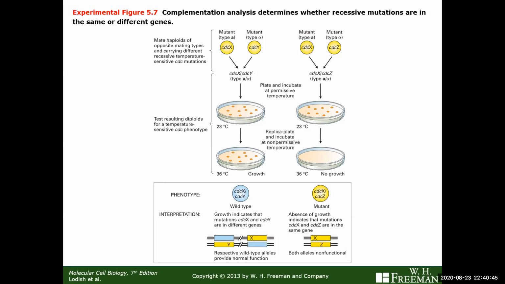So in the diploid, there is one defective X gene coming from CDCX, but CDCY will supply the good X gene, good allele of X. Similarly, in the diploid, CDCY will supply the defective allele of Y gene, but CDCX will supply the good allele of Y gene. So these diploids are therefore heterozygous for both X and Y.